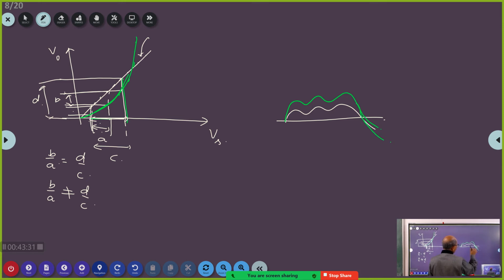If the output signal is also like this, then it is faithful amplification, and that is possible if the characteristics are linear. Otherwise, the output can have some other shape. Then it is not linear.